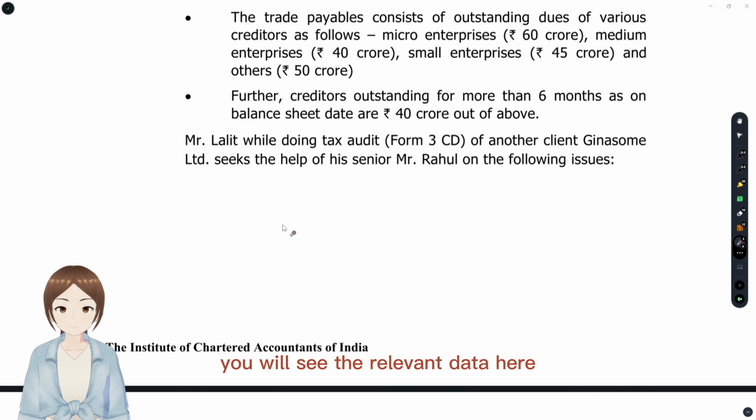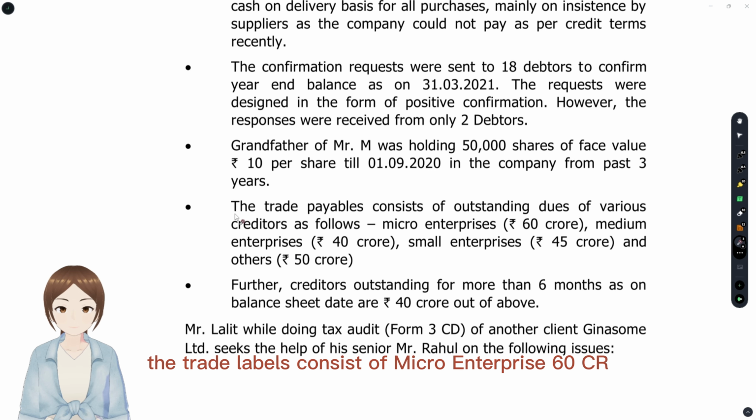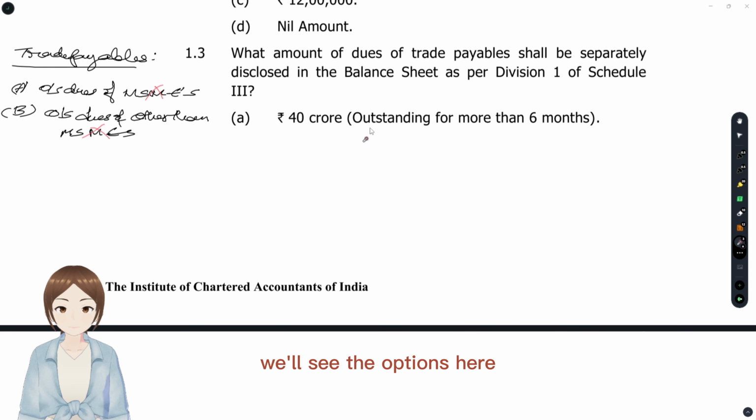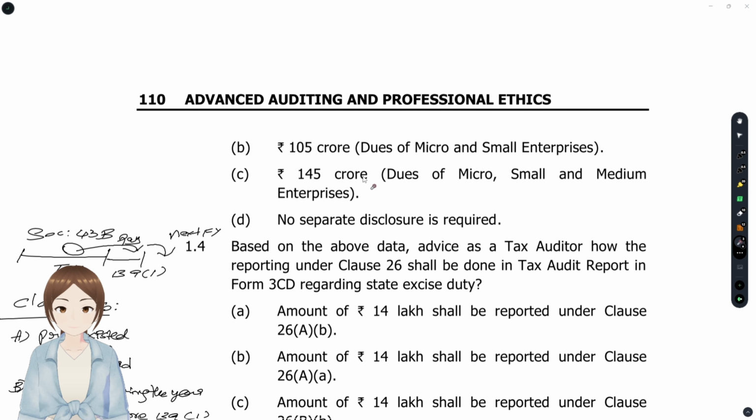We'll see the relevant data here. The trade payables consist of micro enterprises 60 CR, medium enterprise we include that in B, others. Small enterprise is 45 CR. In A category we include these two, 105 CR, and the other 50 and 40, this is 90 CR. We'll see the options here. Micro and small with regards to trade payables, option B is the most appropriate answer.